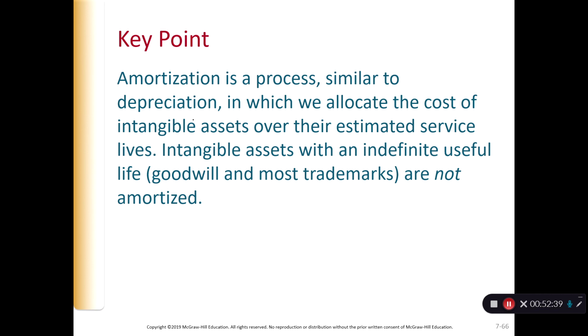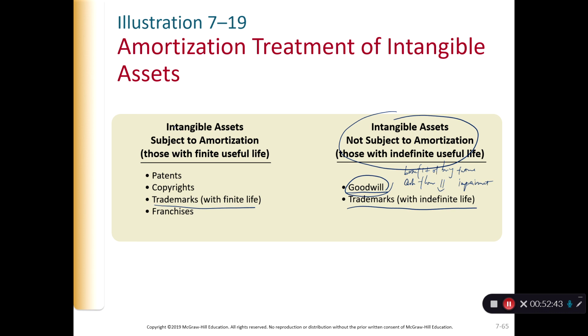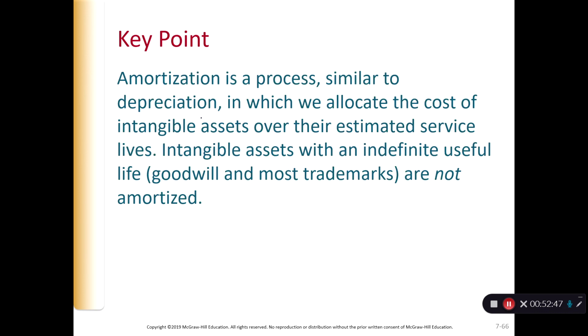So that is actually another topic that we will expand on if you are taking Intermediate 1 class. But here I want to stress that amortization is a process similar to depreciation, in which we allocate the cost of an intangible asset over its estimated service life.